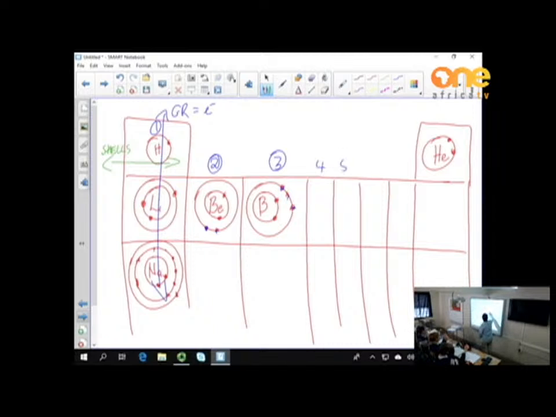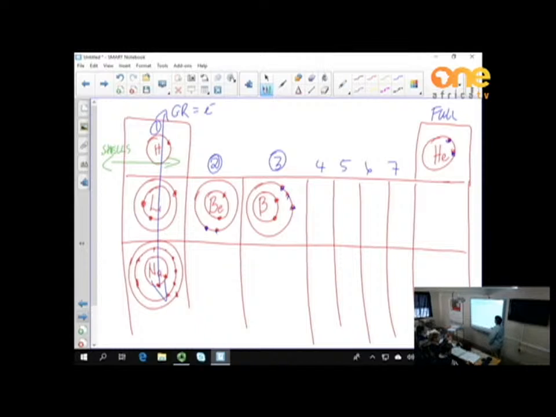Group 4 will have 4, then 5, 6, 7, and these will have either 2 or 8. We say it has a full outer shell. Remember, the first shell can only take 2 electrons. All right, so 2, 8, 8, 8, 8. Yes, we will come to the SPD notation in a moment. You must just first be comfortable with this.